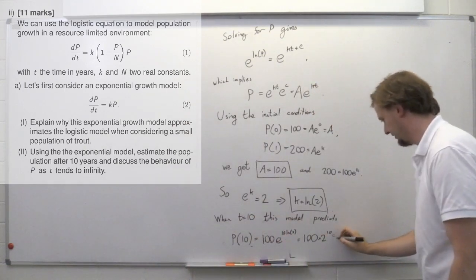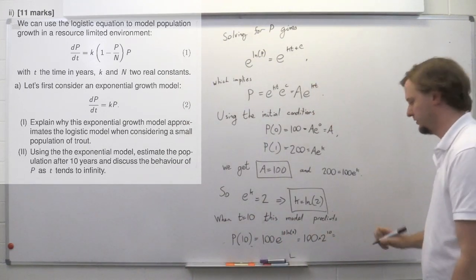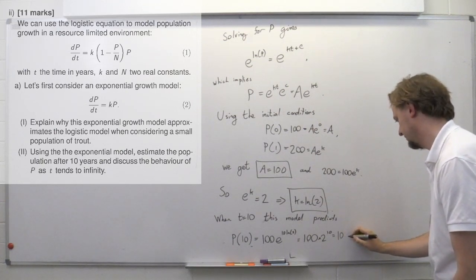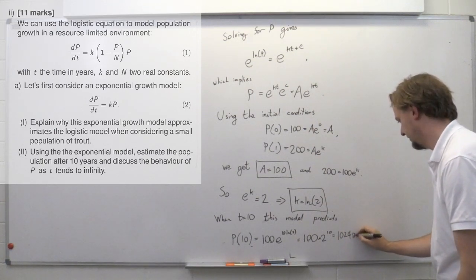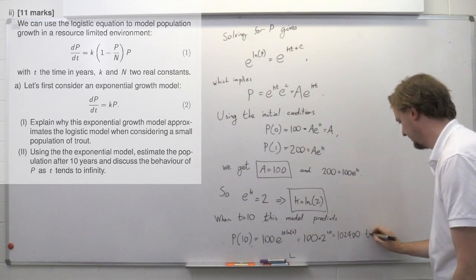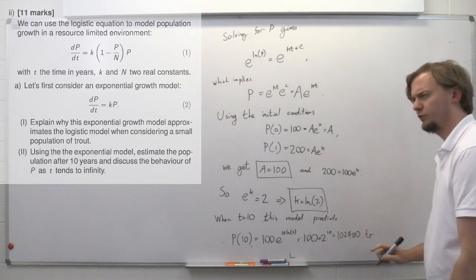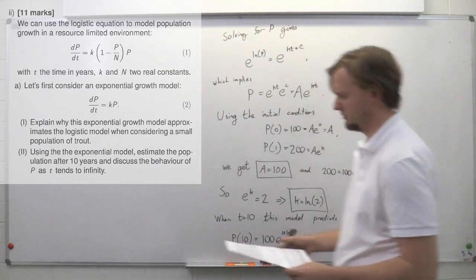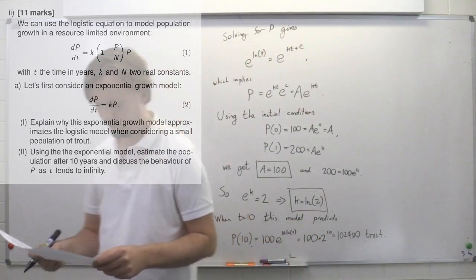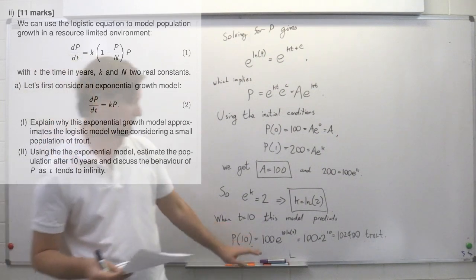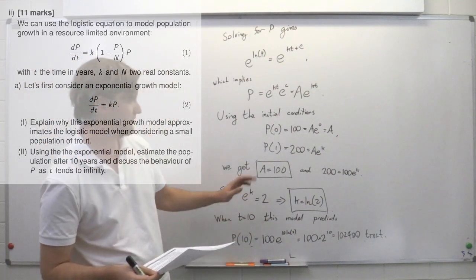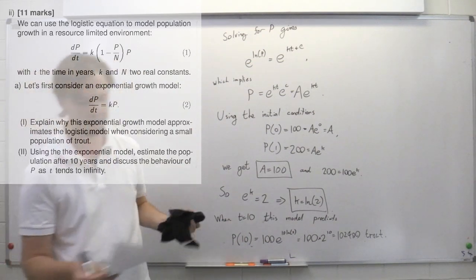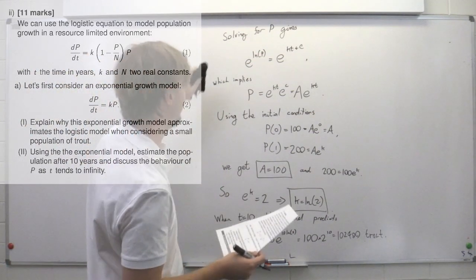And you can use a calculator, but this 2 to the power of 10 is 1024, so it's predicting this number here. It's predicting over 100,000 trout, which is quite a large number. And we can see actually this model's not very realistic, because if we take it and look at what happens for large values of t, it just keeps growing.